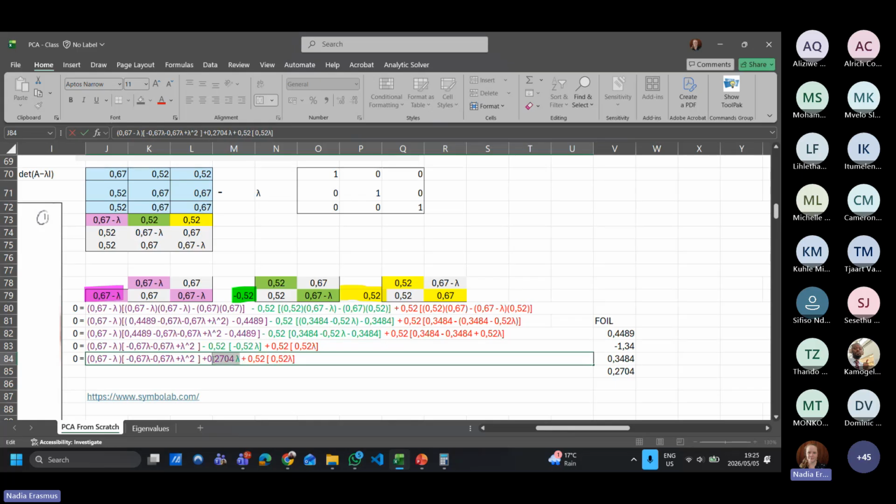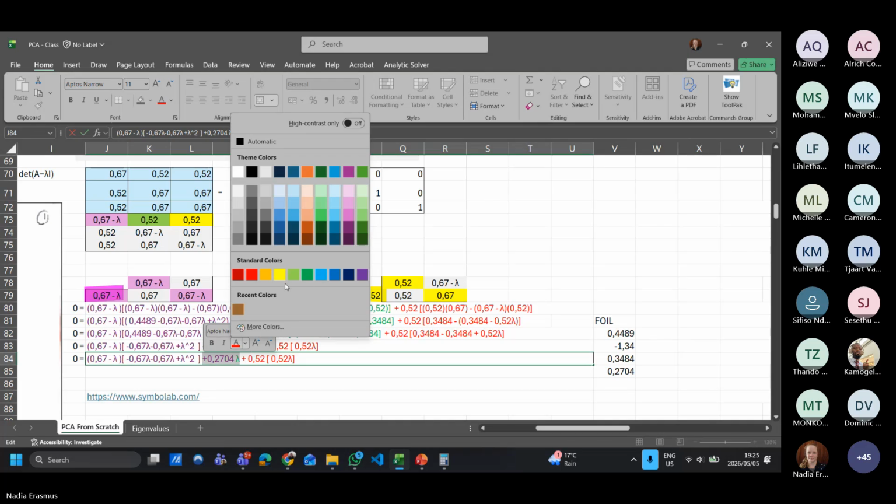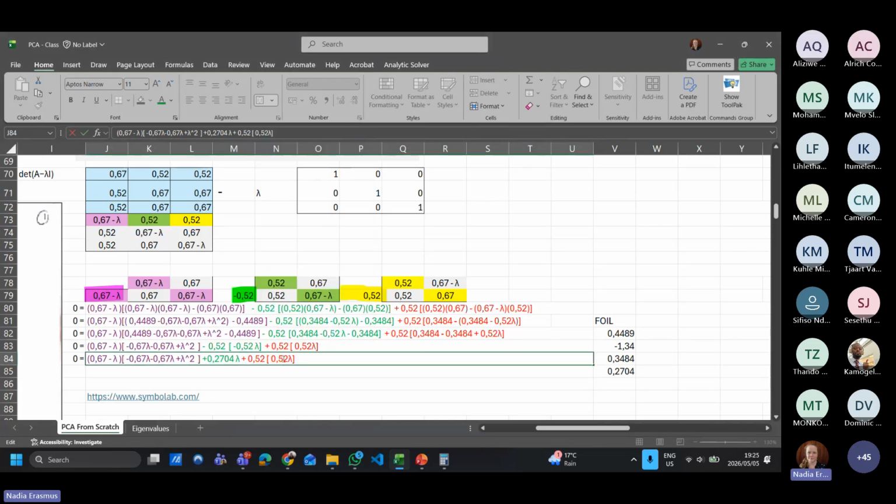Still going to keep it green to keep it out of the way. Then 0.52, this one is luckily already positive, and it is 0.52 times 0.52, so the same value, 0.2704.